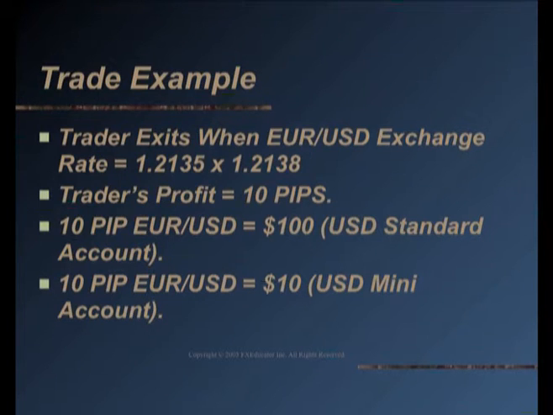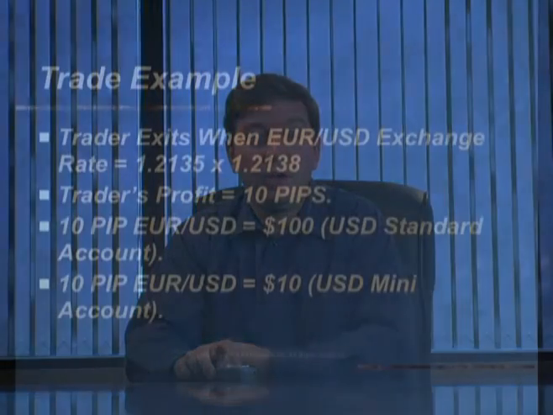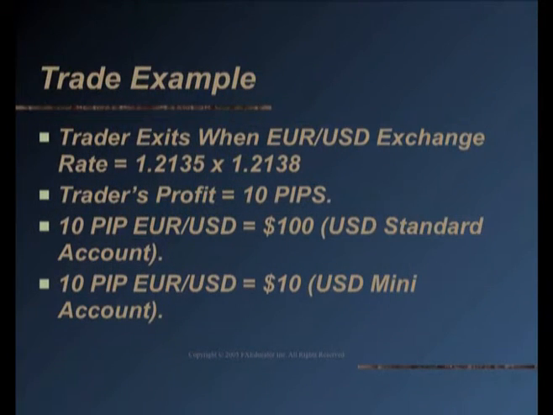So, a 10 pip move in the Euro US dollar currency pair is going to net the trader $100 in a US dollar standard account. And there are mini accounts available too. We'll speak about them later. But a 10 pip move in the Euro US dollar currency pair is going to equal $10 in a mini account. And again, that's for a US dollar denominated account.